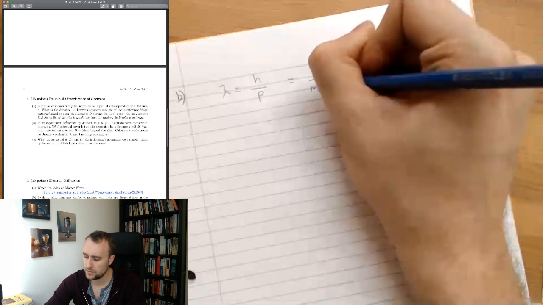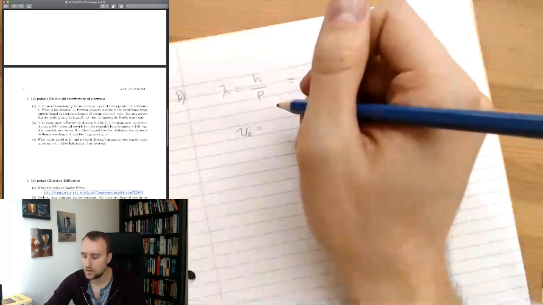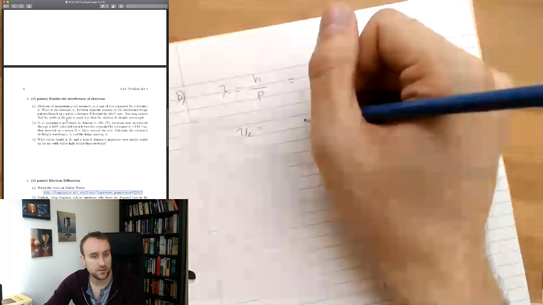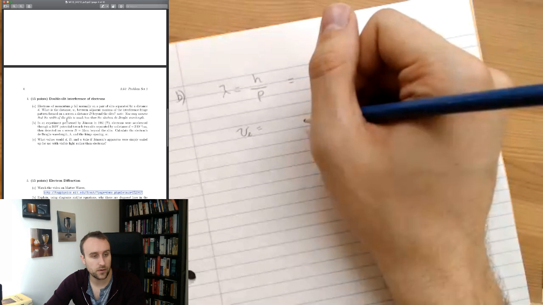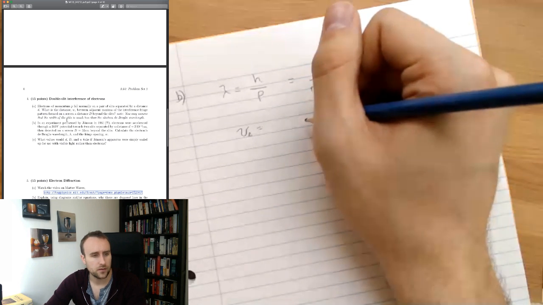Velocity of electron is equal to, well, from the kinetic energy formula, we know that it went through 50 kilovolt potential.